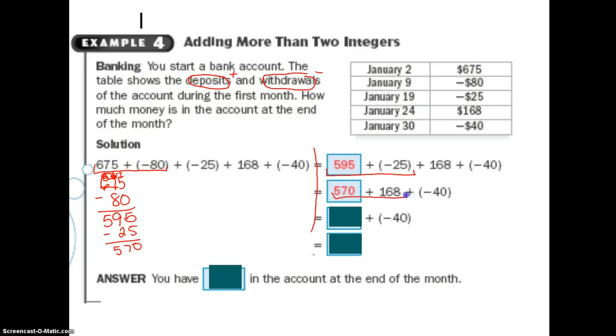Now we add because we deposited money. $738. And now we subtract, or add, negative 40. 8 minus 0. Borrow from here because you can't do that. And you get 13. Let me try that again. 13 minus 4 is 9. Bring down the 6. You have $698 in the account at the end of the month.